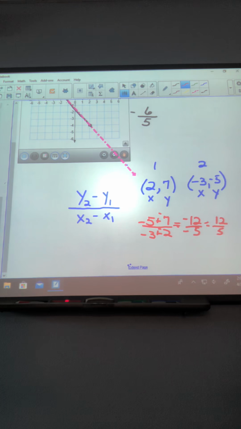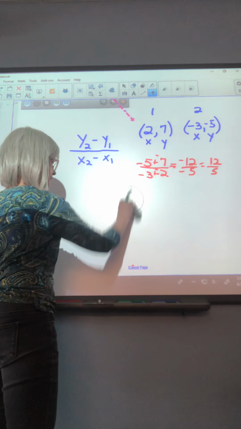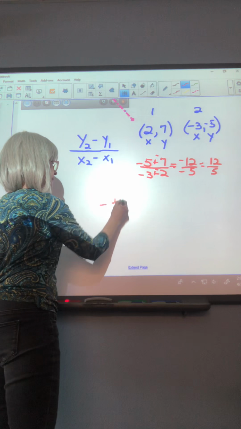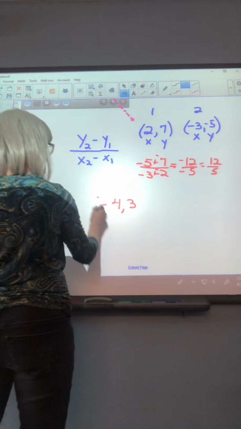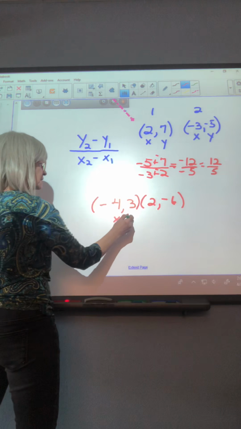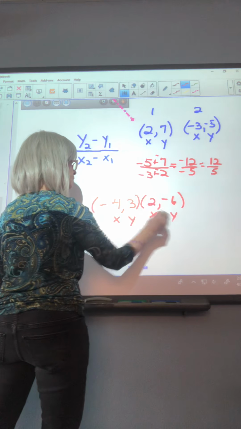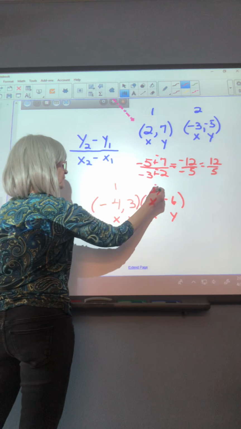Okay? All right, so let's look at the examples on your paper. So we're looking at number 5 and A. A says a -4, 3, and then it has 2, -6. So we've got x, y, x, y. Point 1, point 2.